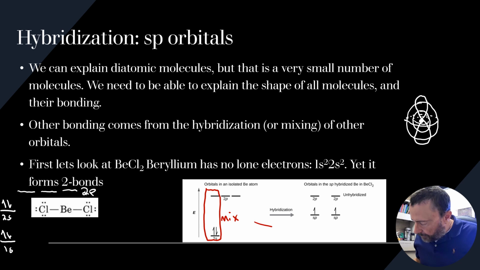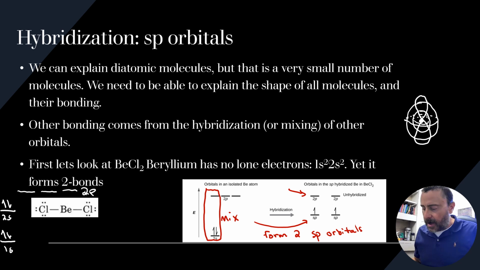It's going to form 2 sp orbitals. All right, and then we also still have 2 unused 2p orbitals up there. They didn't do any of this mixing yet. All right, and so we've got these 2 sp orbitals that are sitting there, they're mixed together, and now those electrons can go into those, and now they are not paired up. And so now we've got unpaired electrons, and those are allowed to then bond.